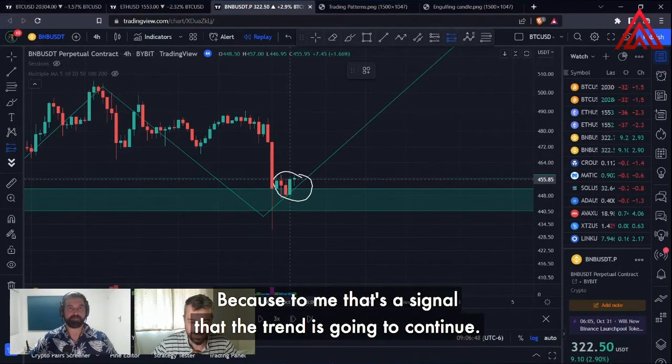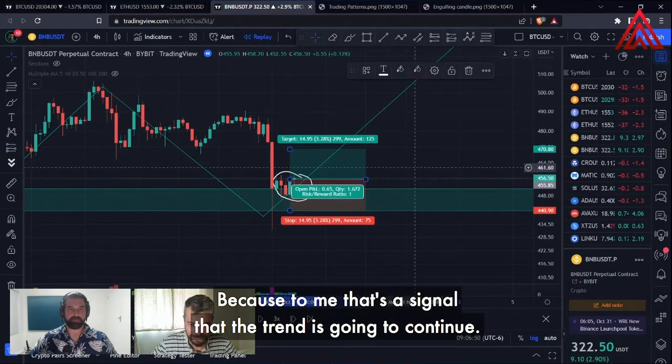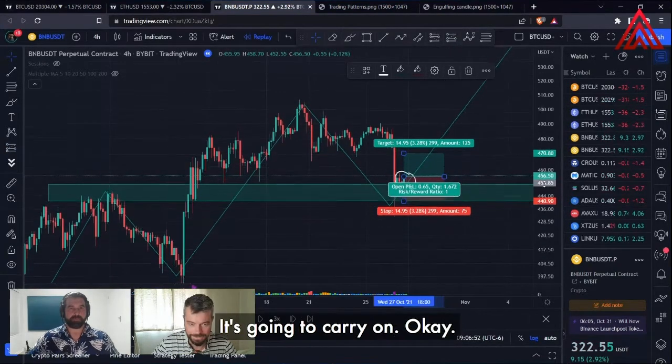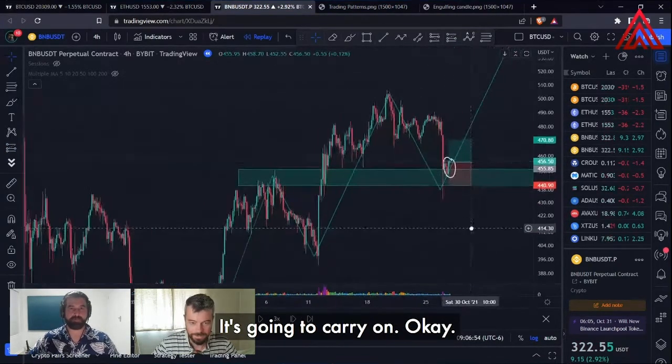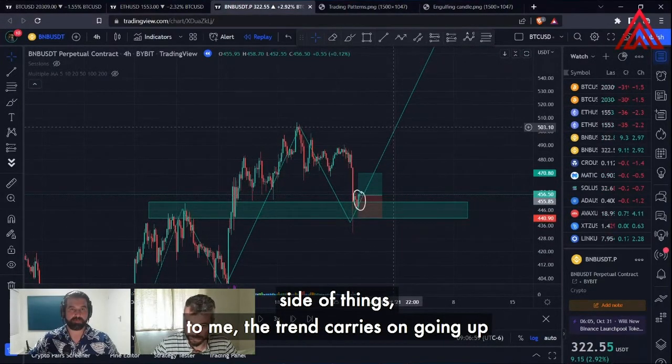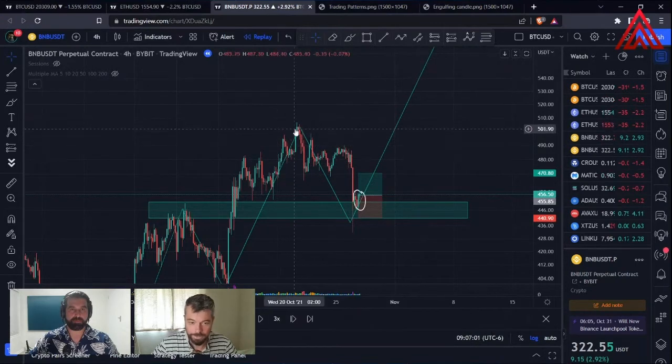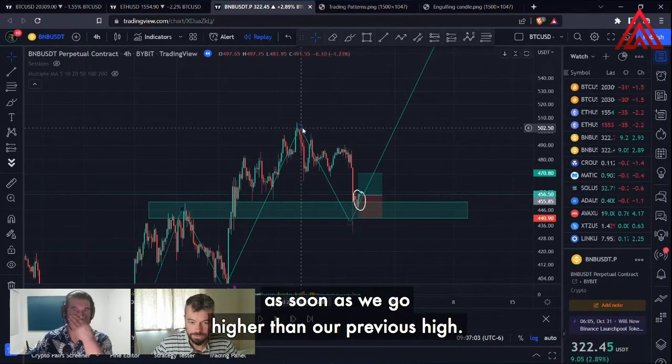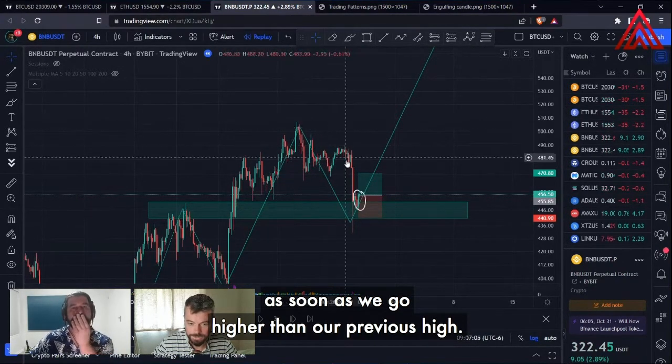Because to me, that's a signal that the trend is going to continue, to carry on. And just to stay on the safe side of things, to me, the trend carries on going up as soon as we go higher than our previous high.